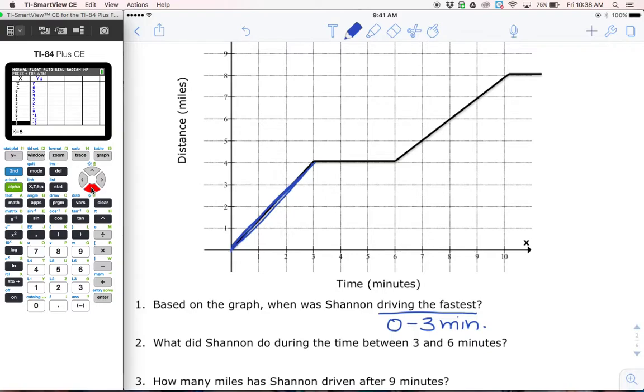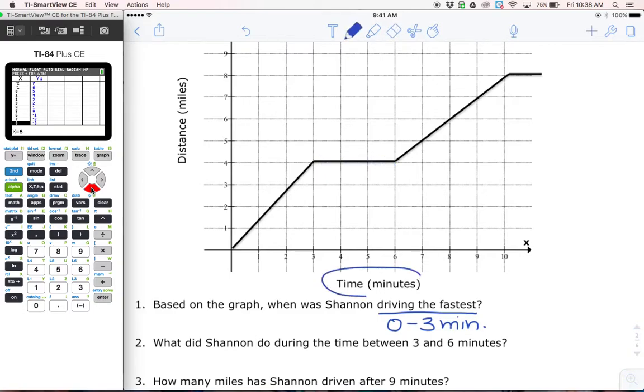All right? Question 2, what did Shannon do during the time between 3 to 6 minutes? So in other words, what's happening right here? The two best options you're going to see are probably going to be either she's stopped or standing still, or she's driving at a constant speed. And the way that you're going to determine which is by looking at your labels here.